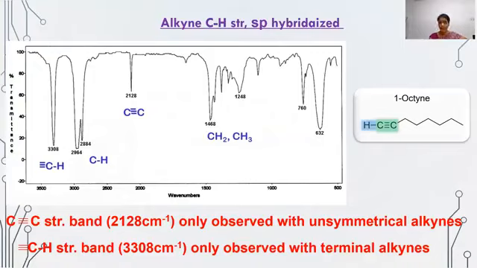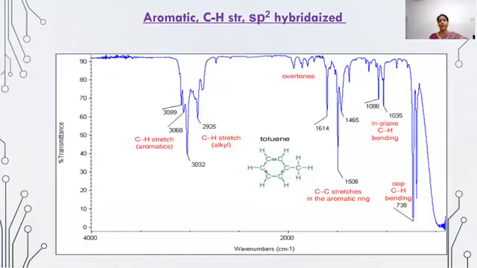These are the two main things in case of alkynes. About the carbon triple bond carbon, this will be observed only in case of unsymmetrical alkyne, and sp hybridized carbon hydrogen stretching is observed nearby 3300 centimeter inverse only in case of terminal alkynes.